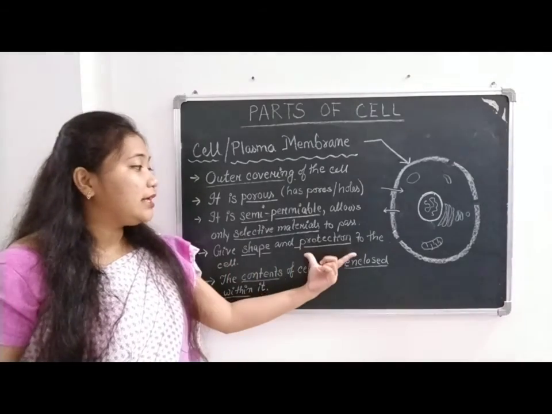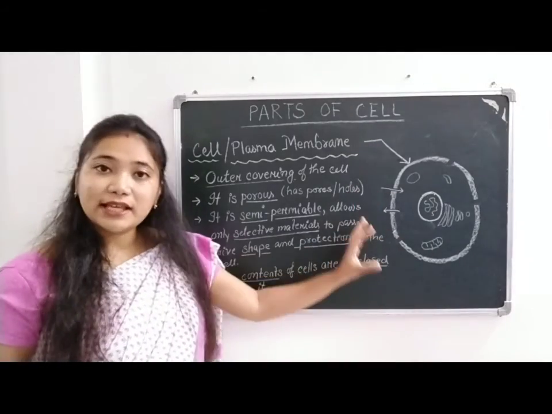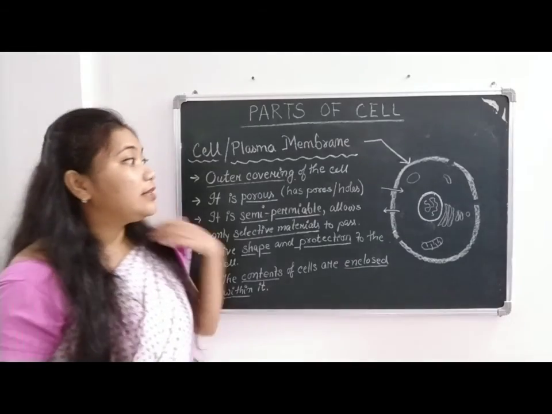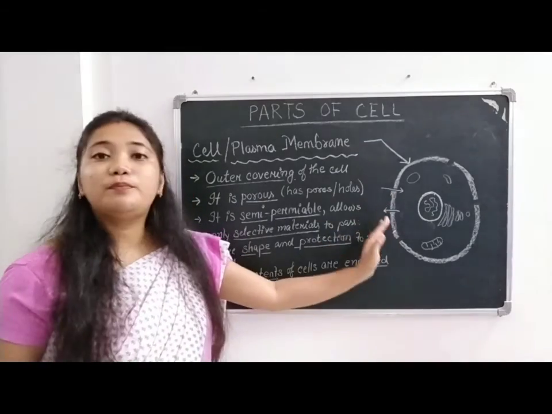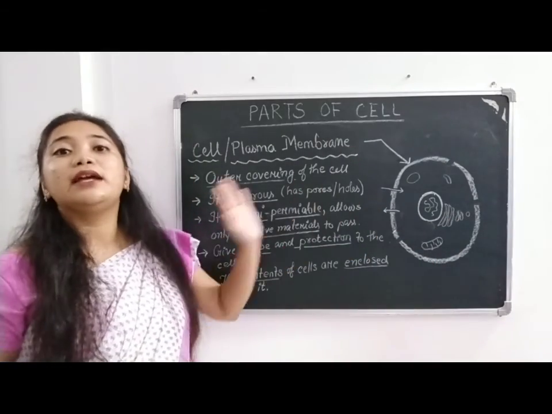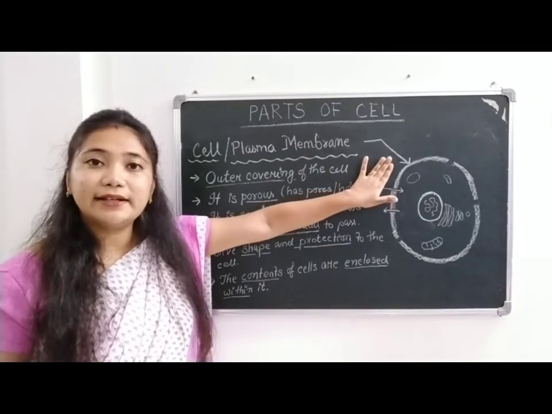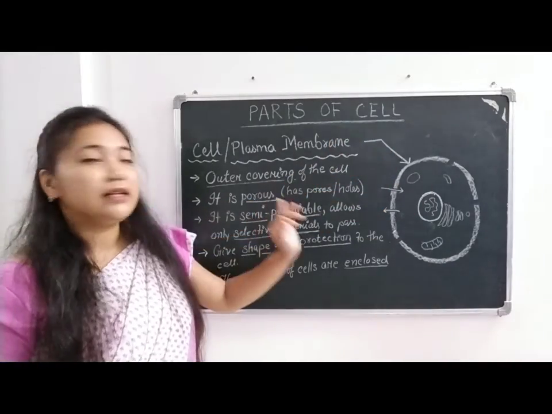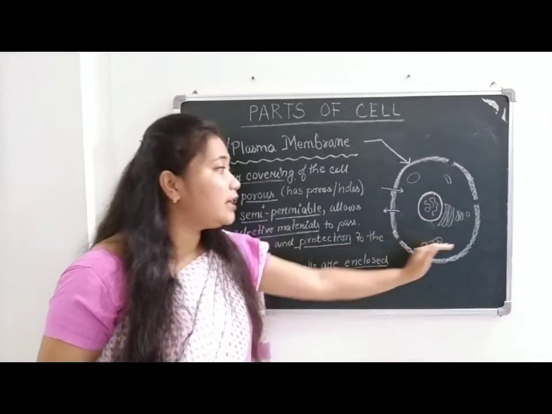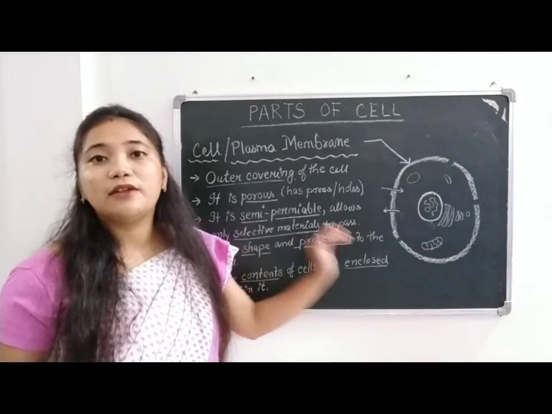And also it gives protection. As we have seen, everything of the cell will be inside the cell membrane. So definitely this has to protect the inner material from the outside environment. Outside is not a part of the cell, so we are considering that as the outside environment. And this cell membrane is going to protect everything that is inside the cell from the outside environment.